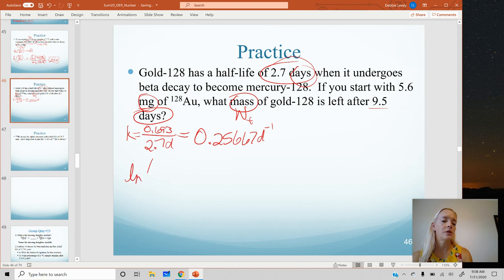So now looking at our equation and plugging in what I have. Again, we're solving for final, so N sub t is my unknown, and N sub 0 is my initial. I have my rate constant. Using a little shortcut here, that rate constant goes in to k, and then we want to know after 9.5 days.